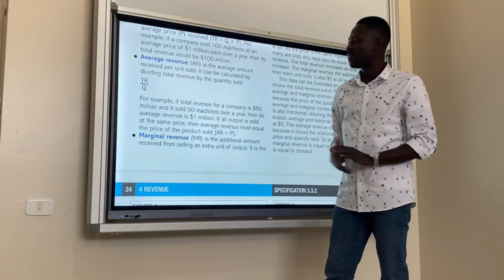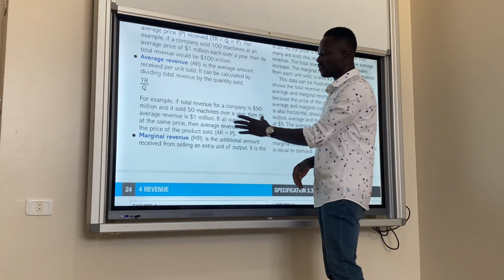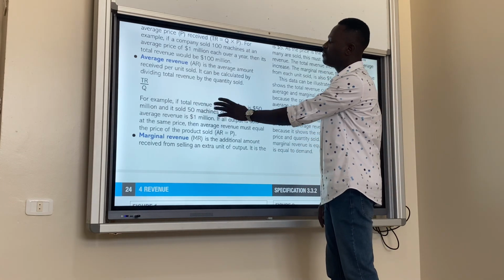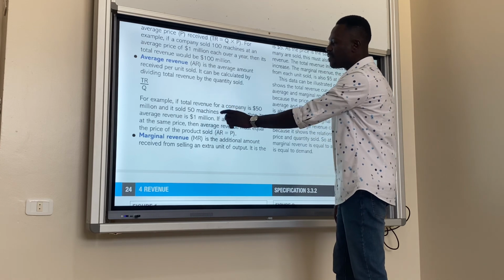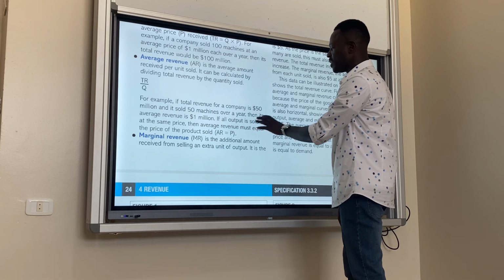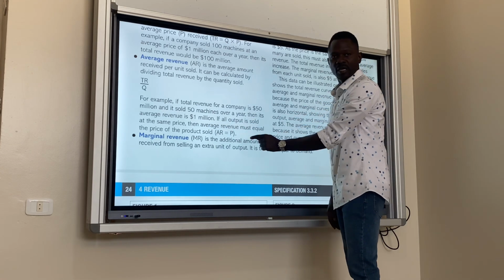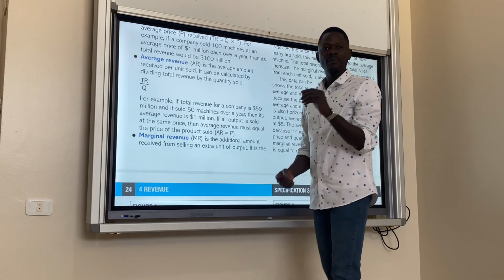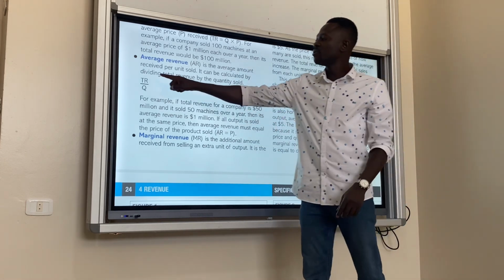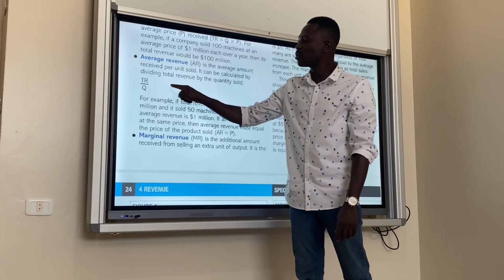Then if we need to calculate the average revenue, it is price multiplied by quantity divided by quantity. That is average revenue. For example, if total revenue for a company is $50 million, and it sold 50 machines over a year, then its average revenue is $1 million. If all output is sold at the same price, then average revenue must be equal to the price of the product sold. AR must be equal to P. Because our average revenue is total revenue divided by quantity, and when we find the total revenue divided by quantity, it must equal the price.